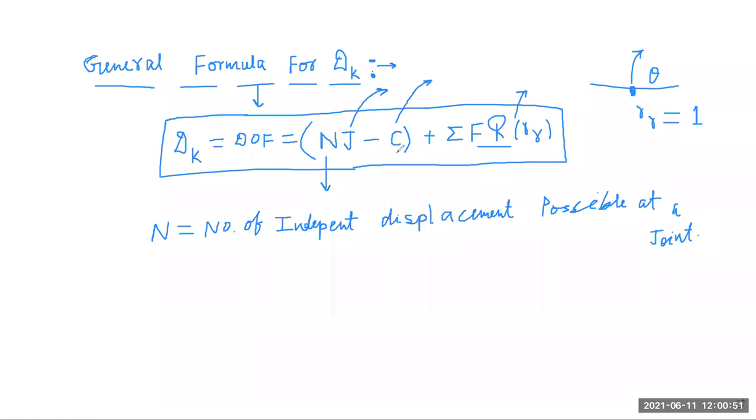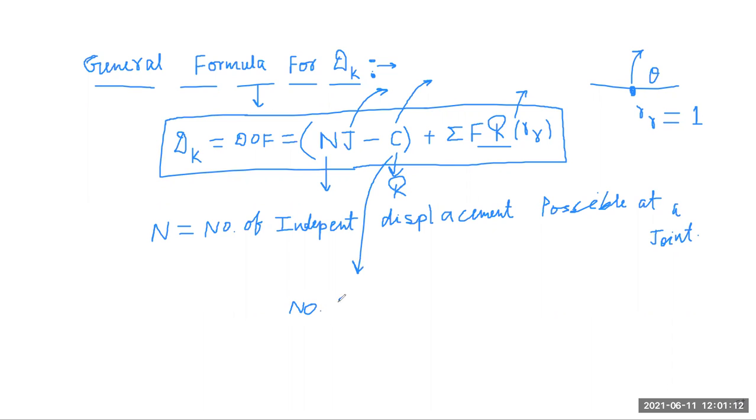And C is also denoted as your R. So basically R is your number of constraints or number of reactions. In many books they write R or C as number of compatibility conditions. It is also correct.